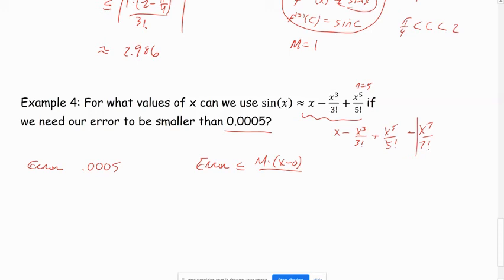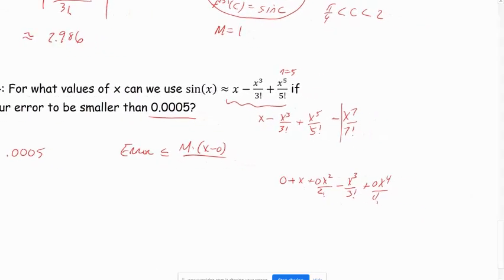If we fill in all the zeros, remember we had 0 plus x, plus 0 x squared over 2 factorial, minus x cubed over 3 factorial, plus 0 x to the 4th over 4 factorial, plus x to the 5th over 5 factorial, plus 0 x to the 6th over 6 factorial, and then minus x to the 7th over 7 factorial.